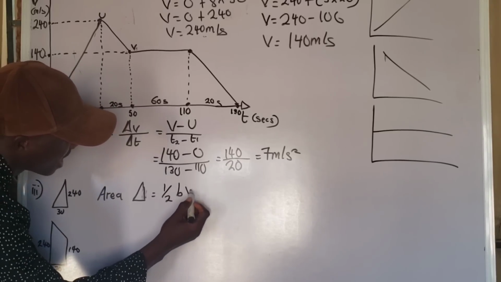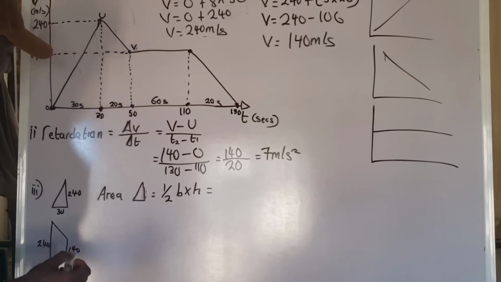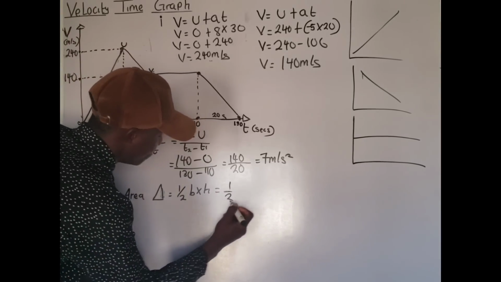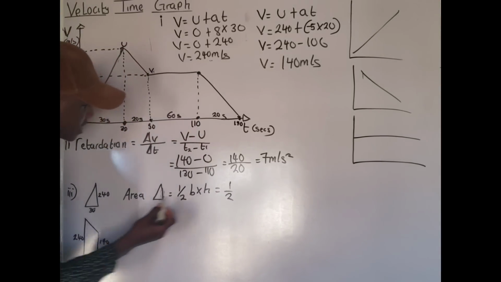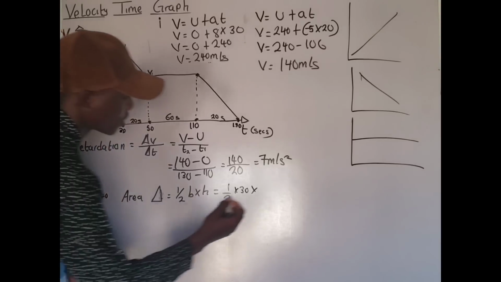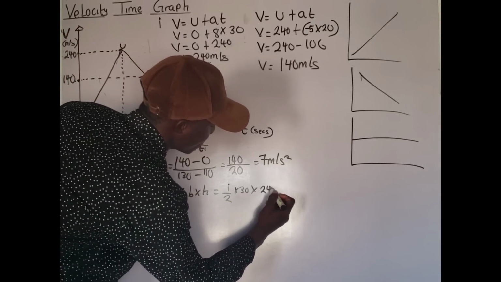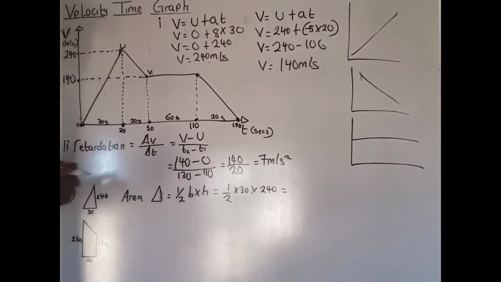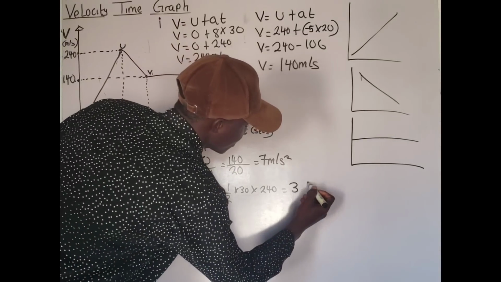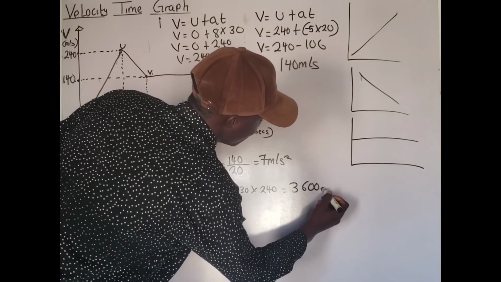The base is 30, the height is 240. So we have 30 multiplied by 240 divided by 2, which is 3,600 meters.